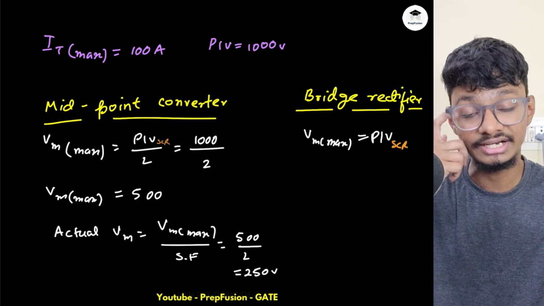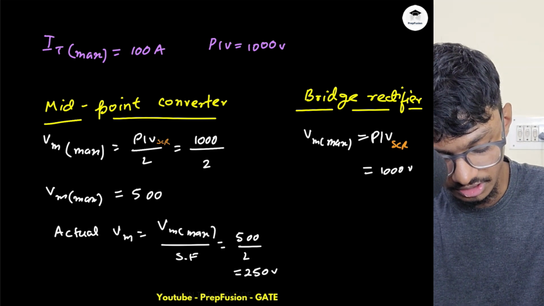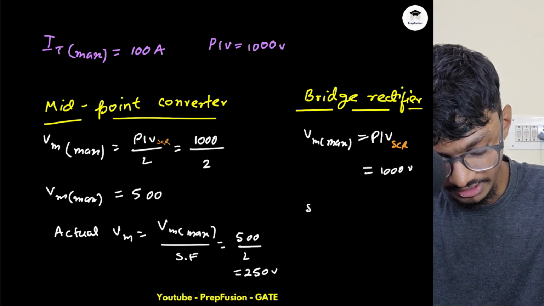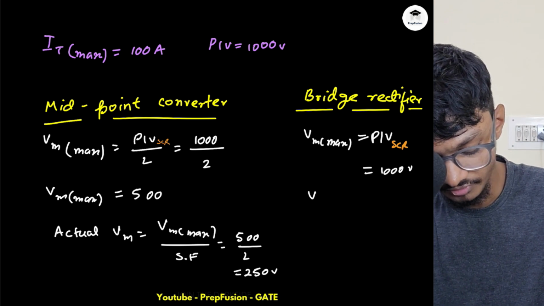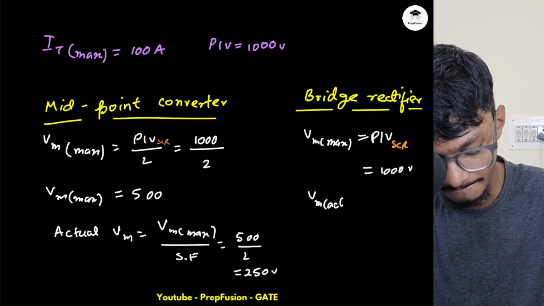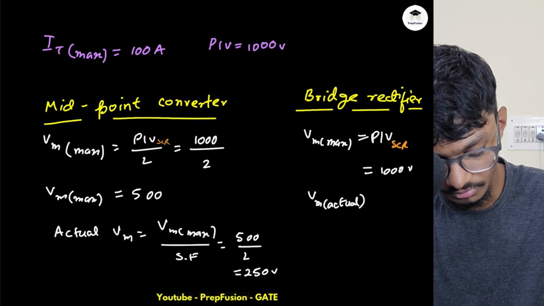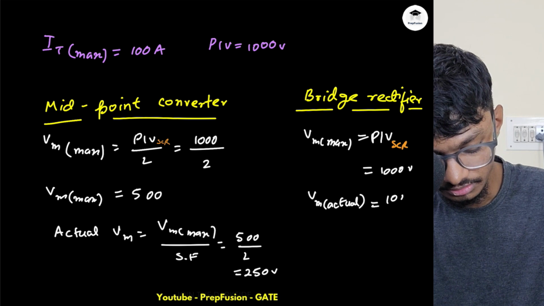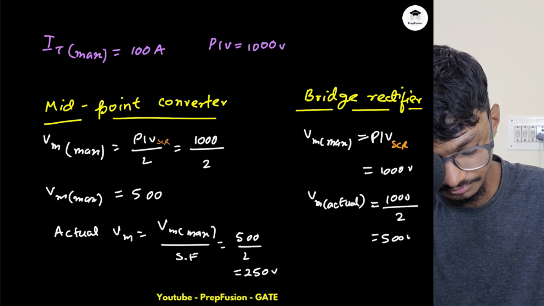The maximum voltage that can come across the SCR is VM, which is 1000 volts. And I have to again worry about safety. So my VM actual in this case will be simply 1000 divided by 2, that is 500 volts.